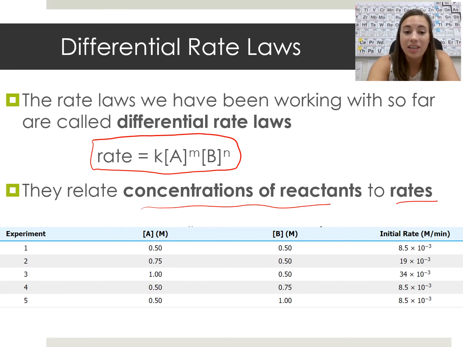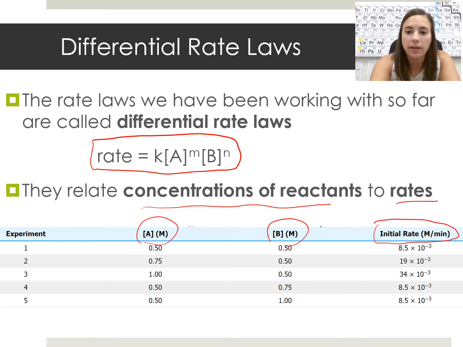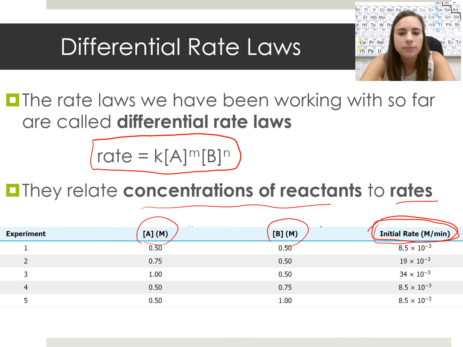So we've been given data like the table here, and we've been asked to find the rate law. And we know that it's a differential rate law question when we're given concentrations and rate. Now, why am I pointing this out? Because integrated rate laws are different and we're going to be given different data.